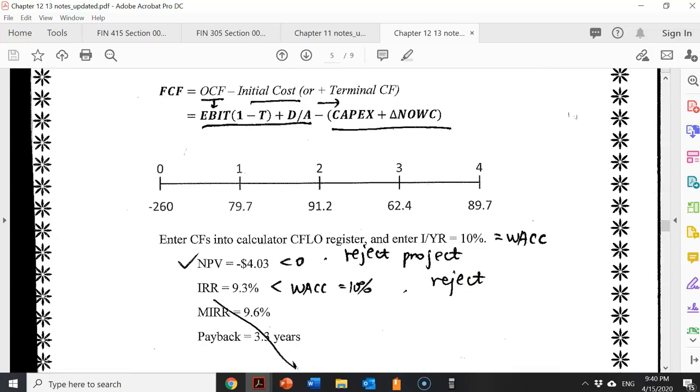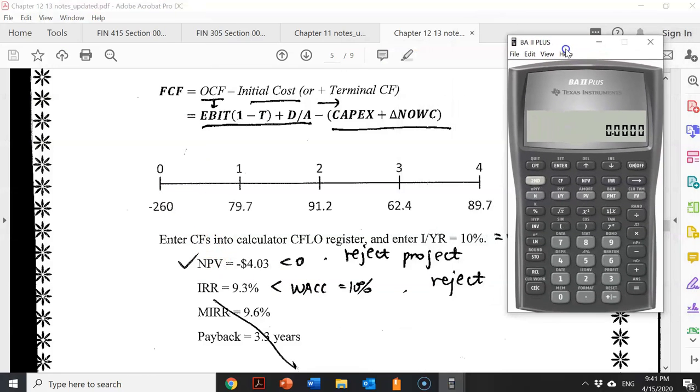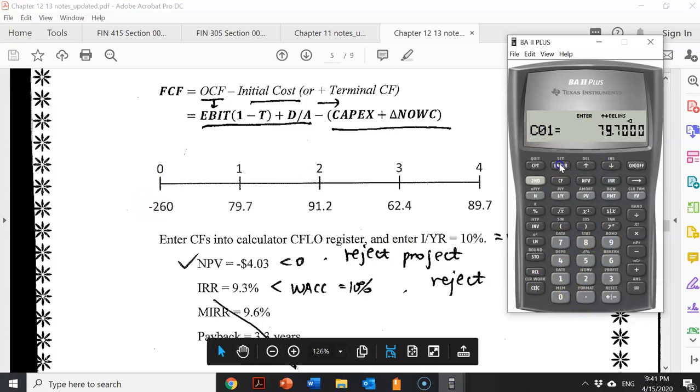To help you review how we can calculate NPV and IRR on the financial calculator, let's try to input the free cash flows in the calculator here. Cash flow 0 should be negative 260, enter. Cash flow 1, 79.7, enter.